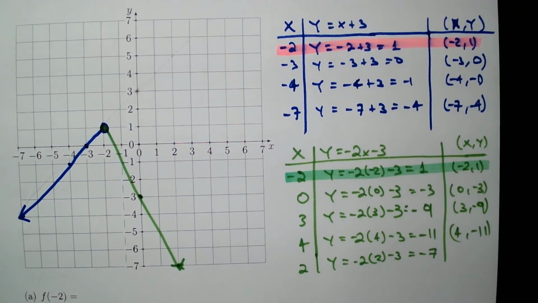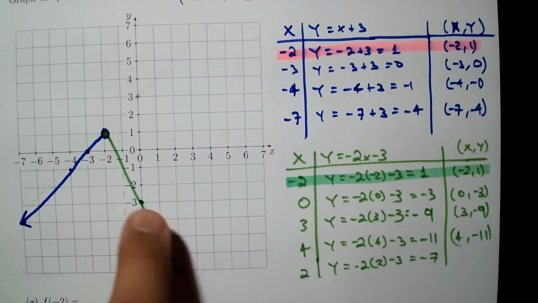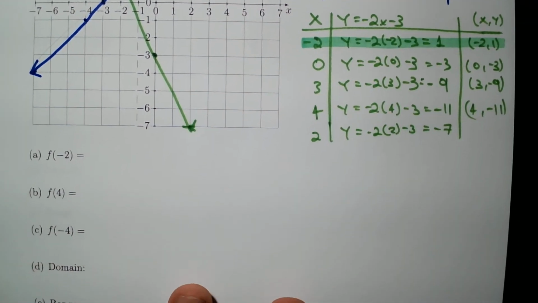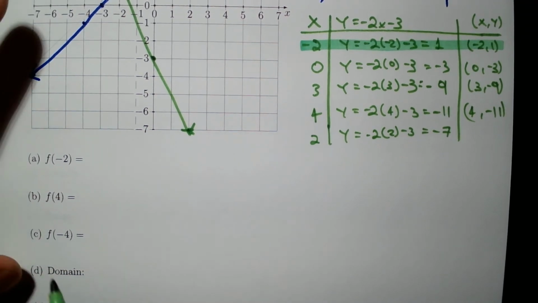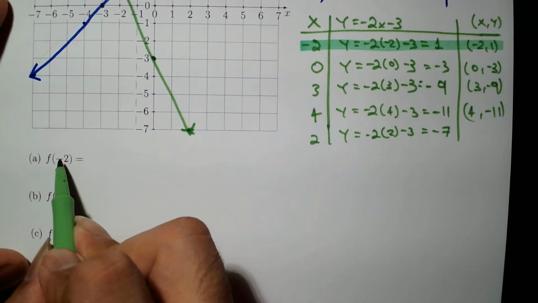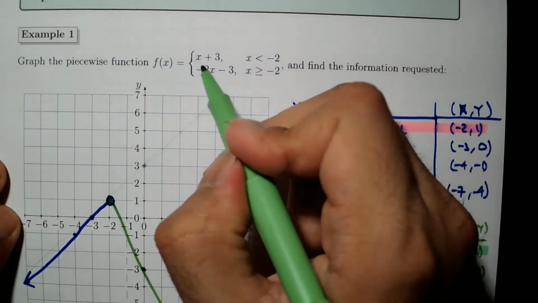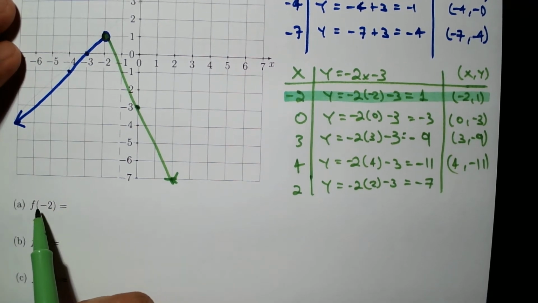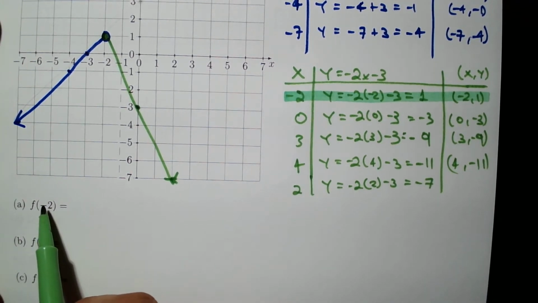Now we're going to use this graph and the conditions to answer the following questions. Well, f of negative 2. In this case, we cannot just plug in negative 2 into either of these two. We need to determine where negative 2 is good.